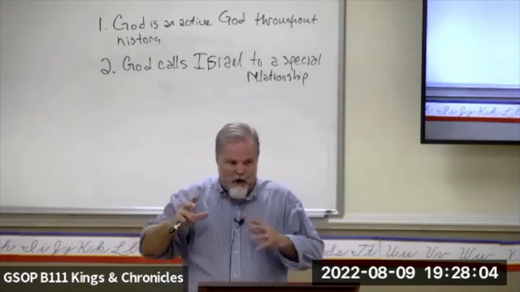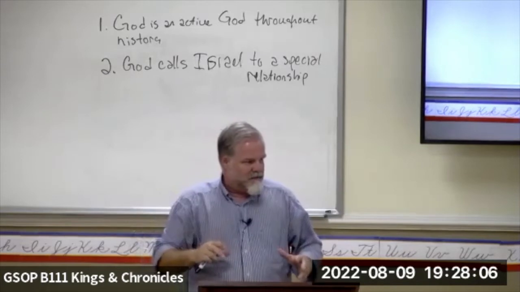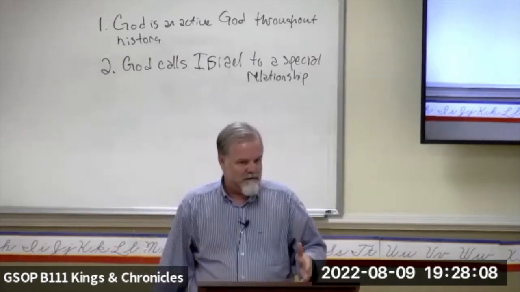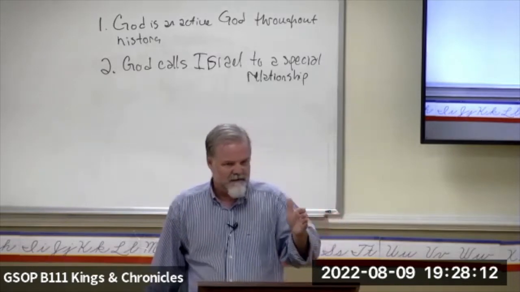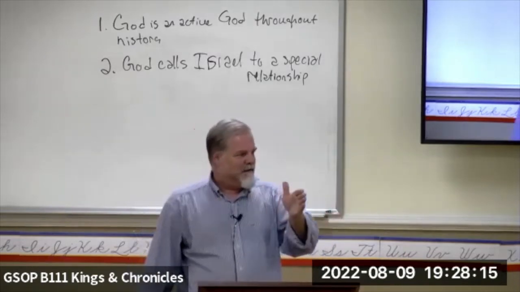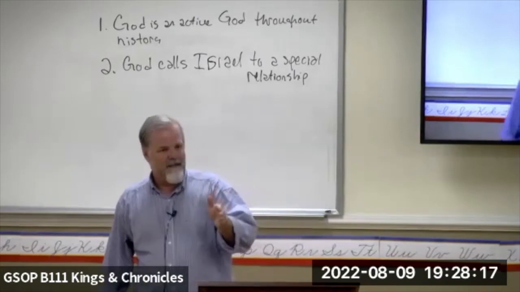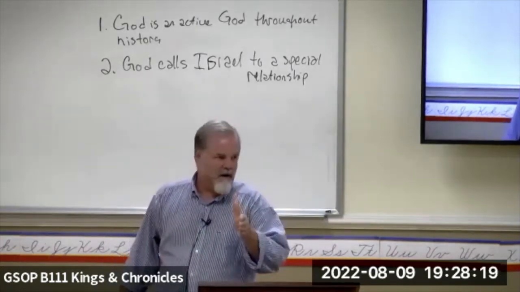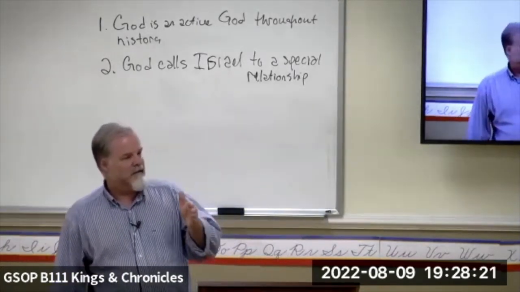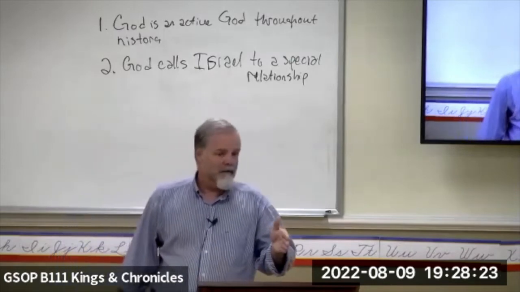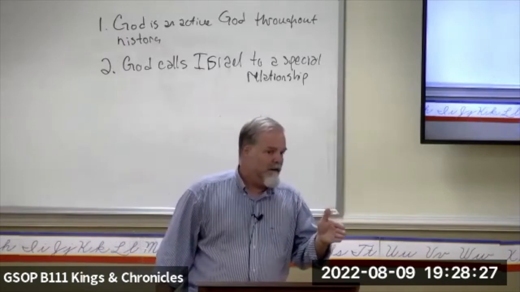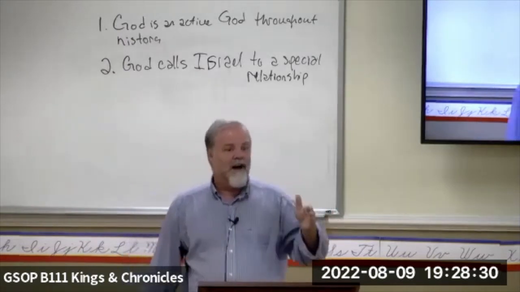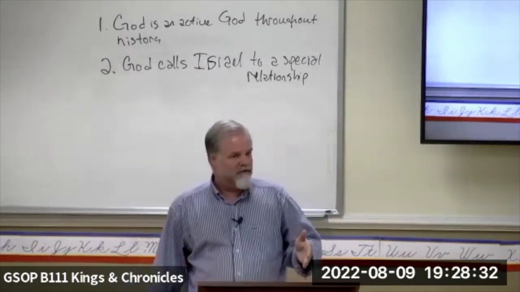He calls them to a very special relationship. Does he call us to a special relationship today? It's interesting that you find this focus on David. That's why it's so important that we have these, because we can trace our king all the way back to the throne of David. Remember, he promised it. The throne's not going to depart from you. So who do we serve? We serve a king. And that king puts us into a very special relationship with God.